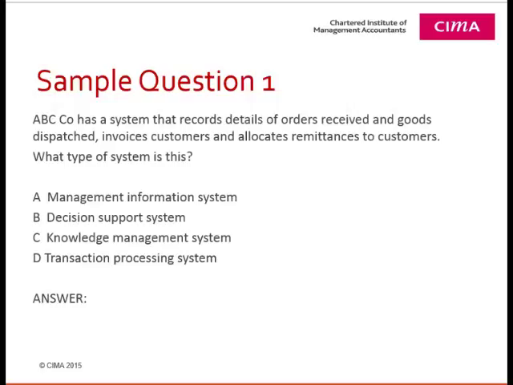So this is a fairly simple sample question. But it's essential that, having read the question carefully, you think about your response and that your answer is the result of a considered choice. This is because of the way in which incorrect options have been constructed.